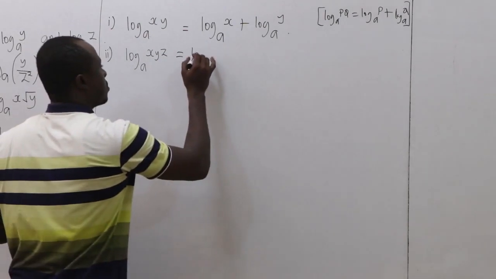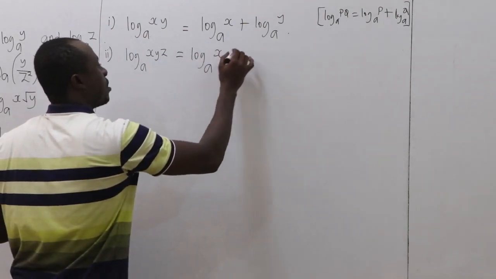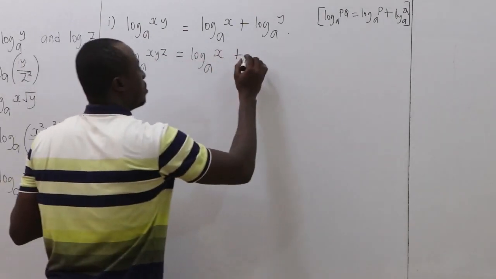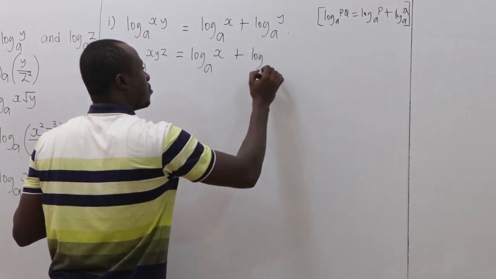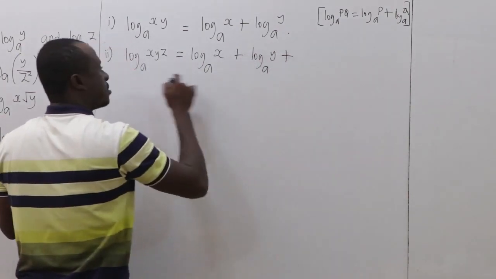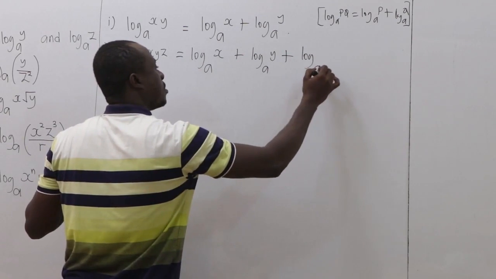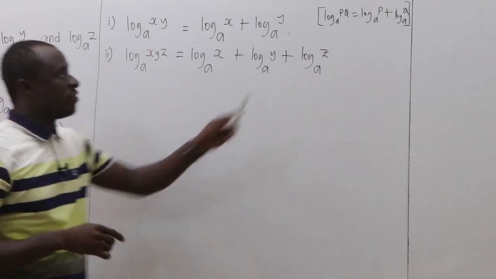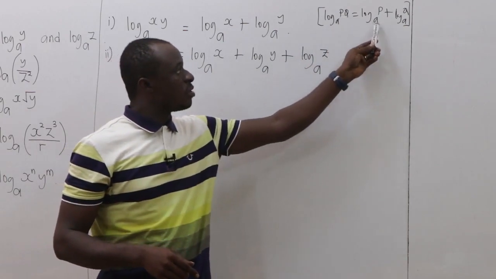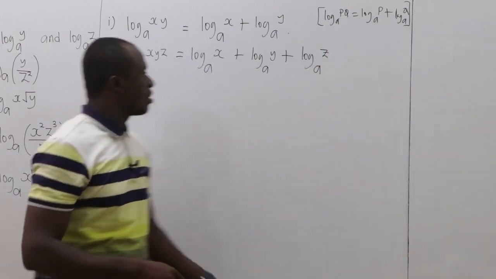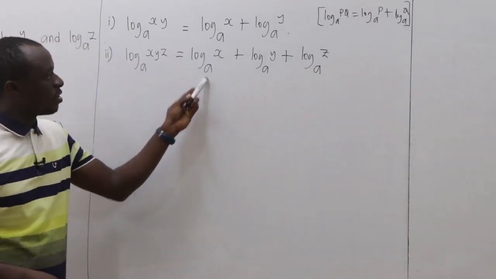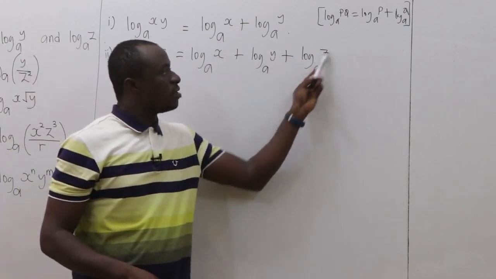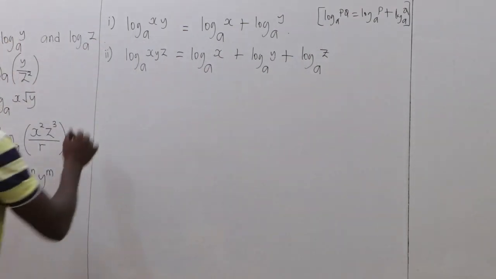So this is just the same as log e of x plus log e of y plus log e of z. So when you are multiplying, if you have log a of pq, it is the same as log a of p plus log a of q. So here we are multiplying x, y, z, so we have log a of x plus log a of y plus log a of z.